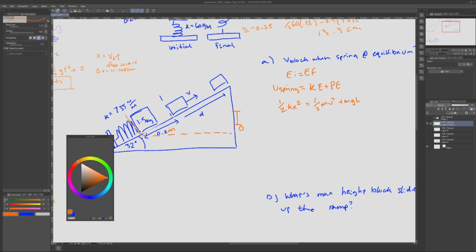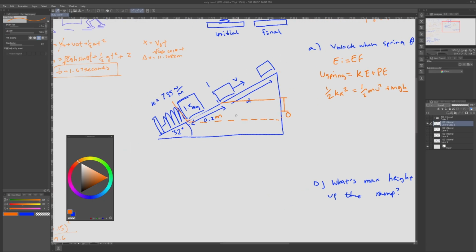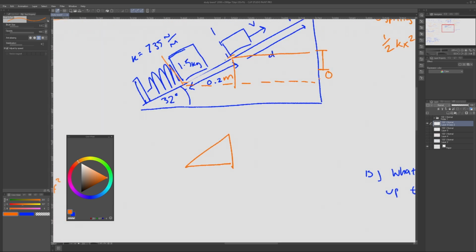We need to find h here. I'm going to redraw the triangle here so that we're looking at the triangle right here. This will be 0.2, 32 degrees. We're looking for h.